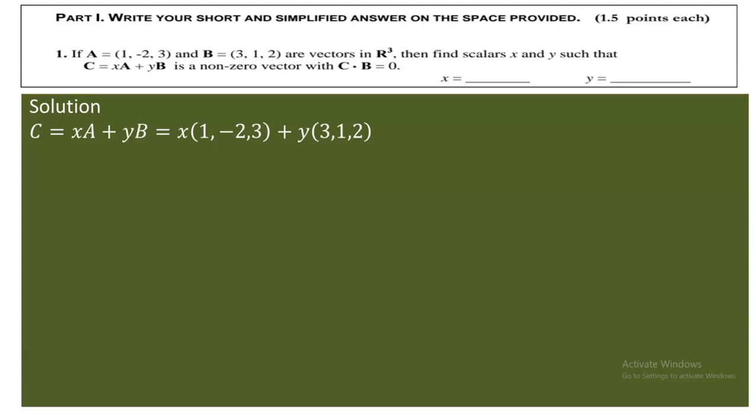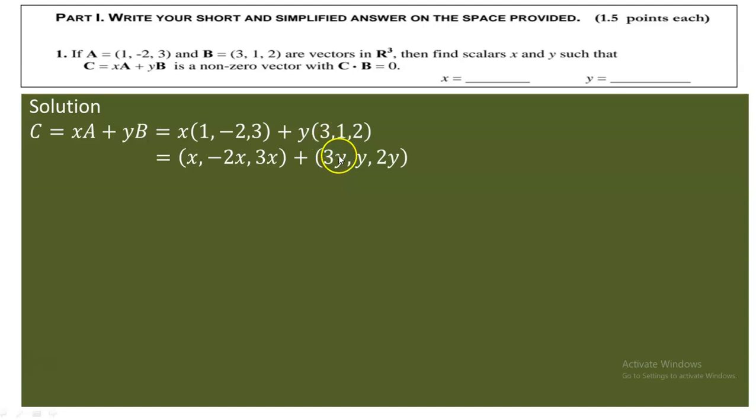Students, you have been told that C is the linear combination of these two vectors A and B, and we are using multipliers x and y. So x and y are clearly real numbers. So C is x times A plus y times B. I need to multiply vector A by x, and y times B follows. So x times 1 is x, then -2x, 3x.